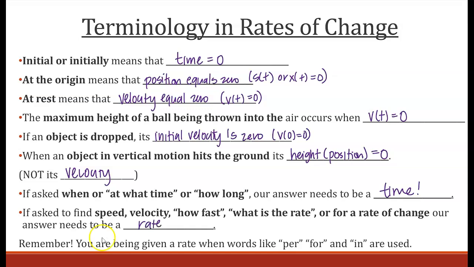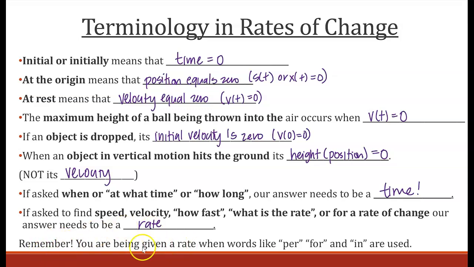Which again might be obvious, but sometimes when I'm reading solutions, the question will say, when did the ball hit the ground? And someone will say 5 meters or 5 meters per second. And that doesn't make sense. When implies a time, right? It happens at 10 seconds. But it doesn't make sense to have the answer to a when question be 5 meters per second.